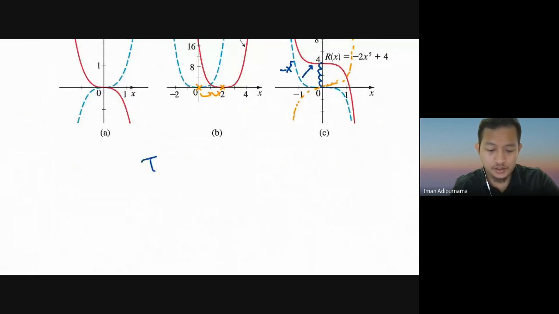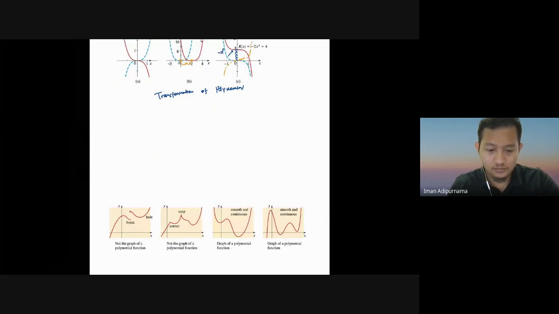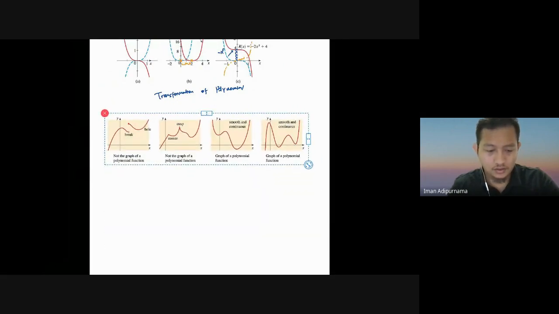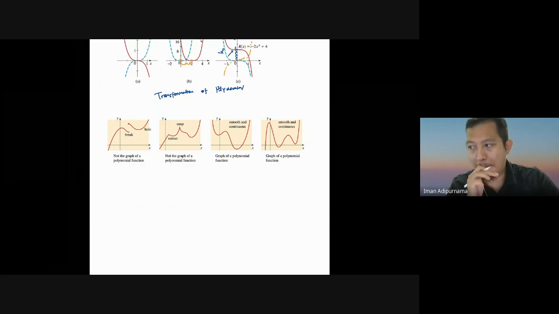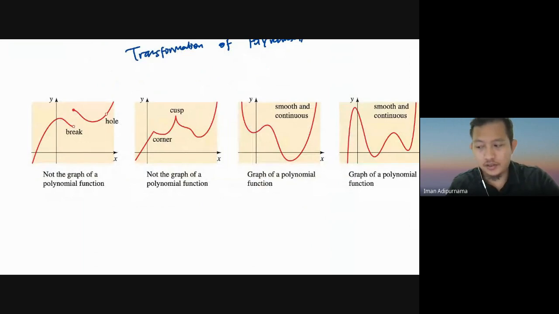Let me write here: transformation of polynomial. And from the calculus part of our lecture, we learned about continuity, right?